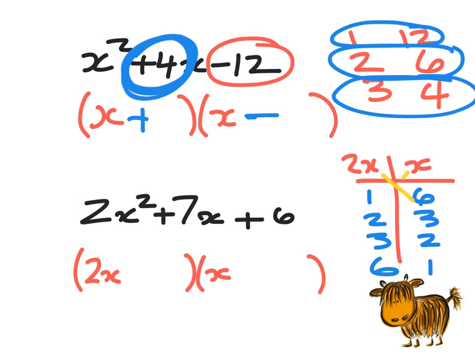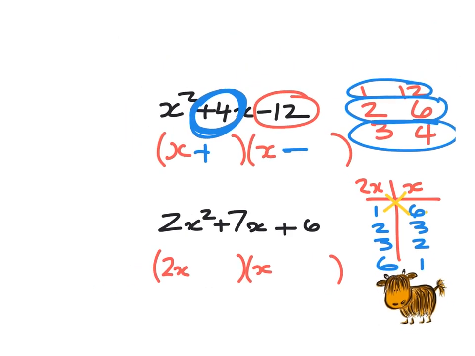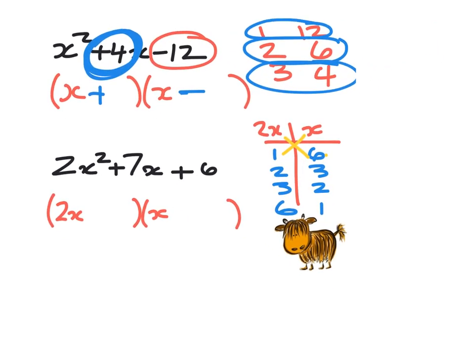And if you check by cross multiplying, so what's 2 times 6? That's 12. Make it a wee bit smaller so we can fit it all in. 2 times 6 is 12. 1 times 1 is 1. Can I use a 12 and a 1 to make this 7?